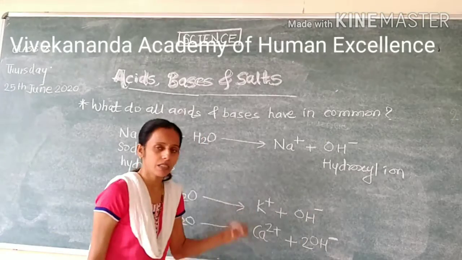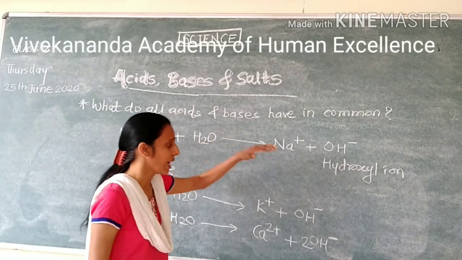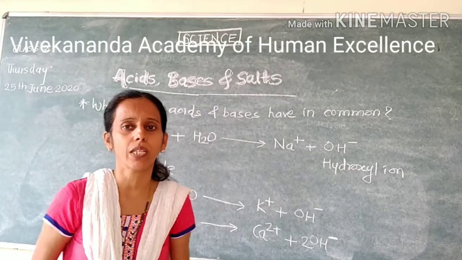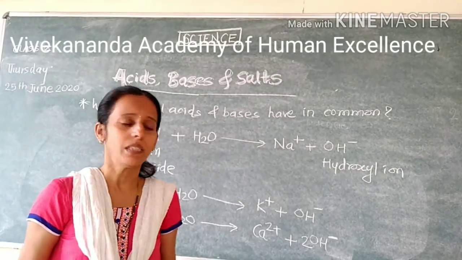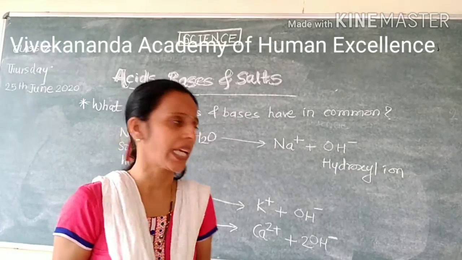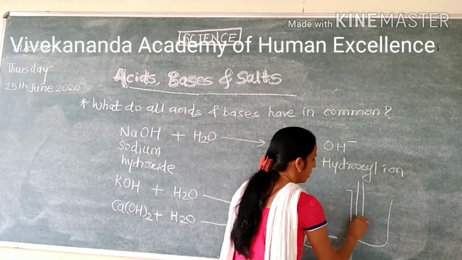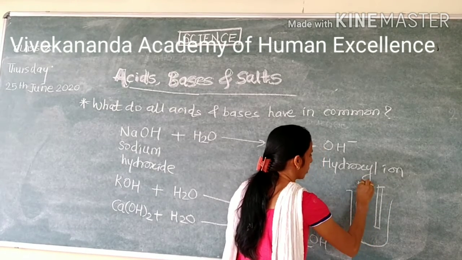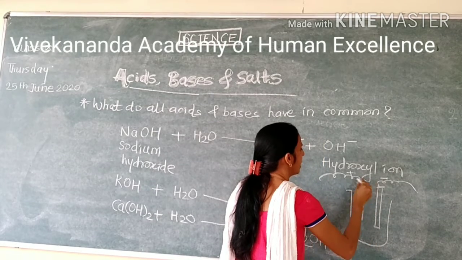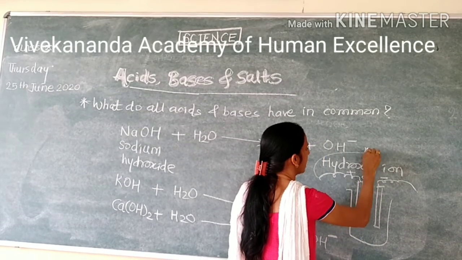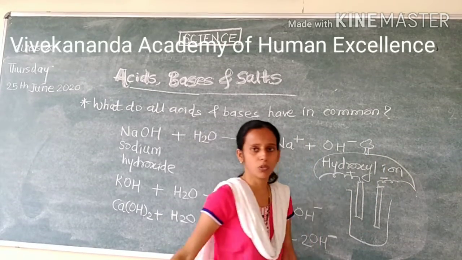In this way, what is common in acids and bases is that there is separation of the ions in the aqueous solution, and therefore if in the beaker we have taken the diluted acidic solution or basic solution, and it is connected with the two terminals of the battery, positive end and negative end, and these two ends are connected with the bulb, then the bulb glows.